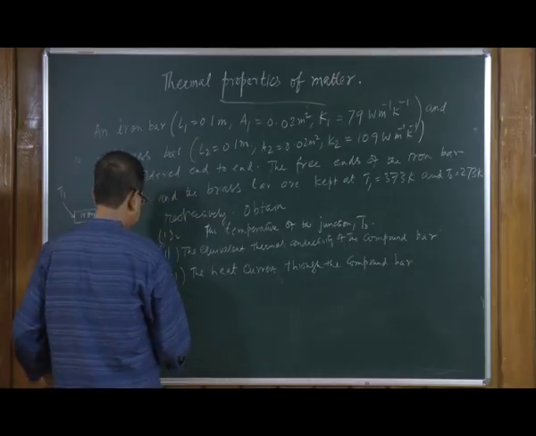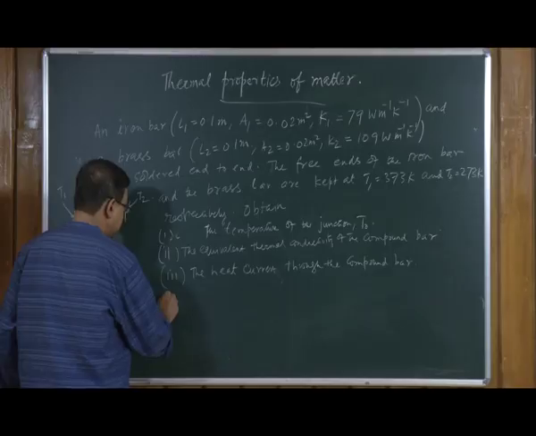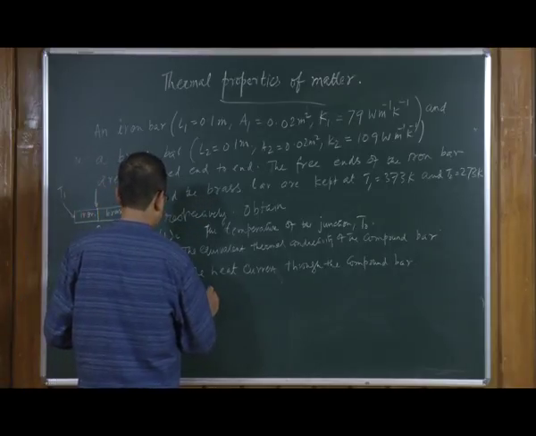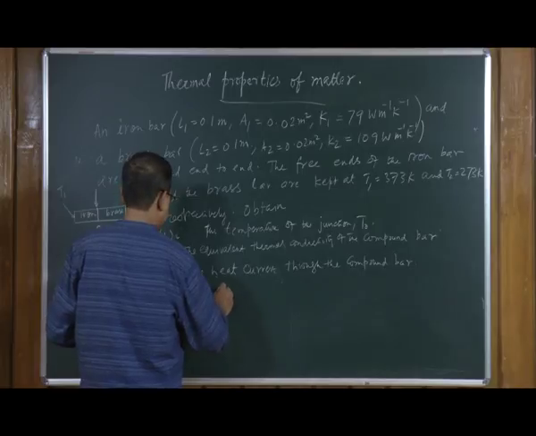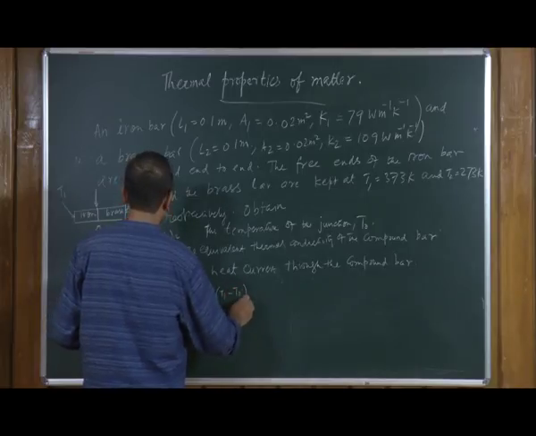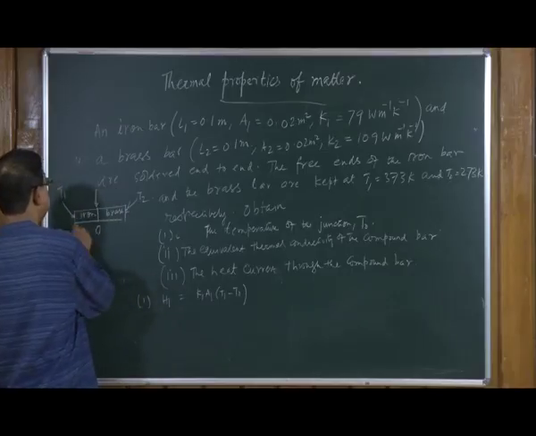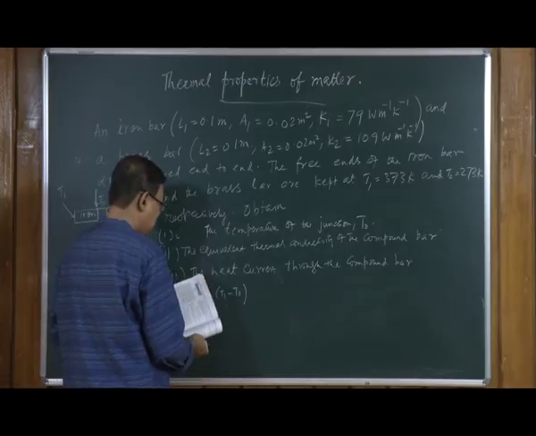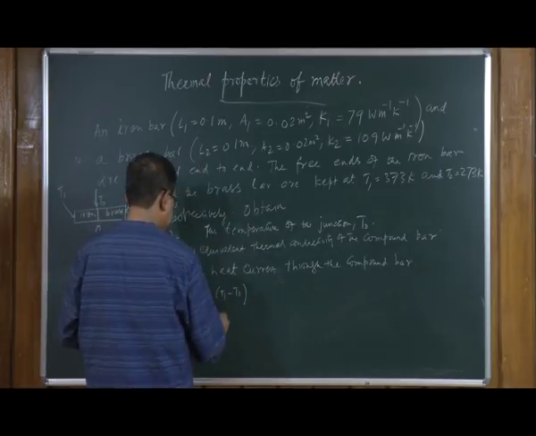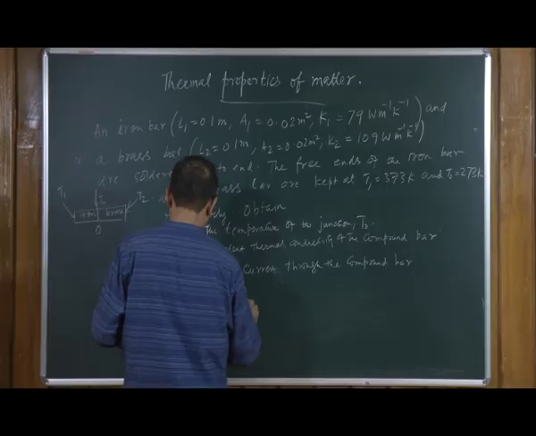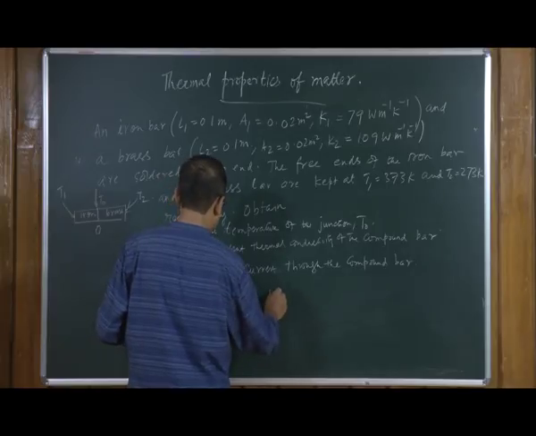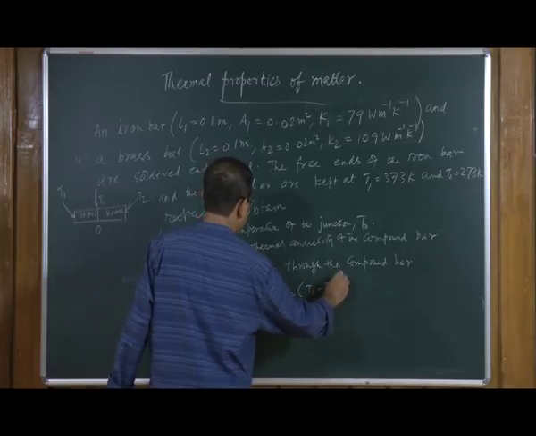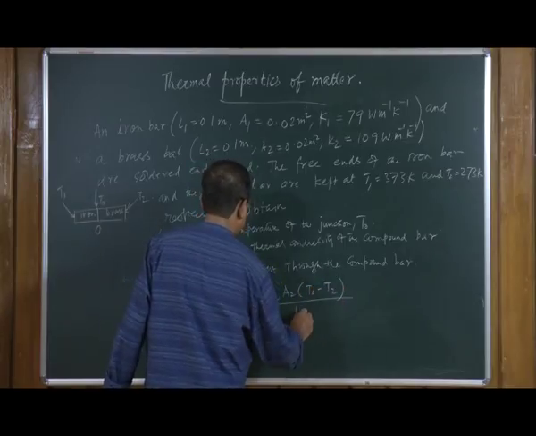So, this is given by H1, which is equal to K1 A1 (T1 minus T0) divided by L1, where this is at T1 and this junction is at T0, and this is equal to K2 A2 (T0 minus T2) divided by L2.